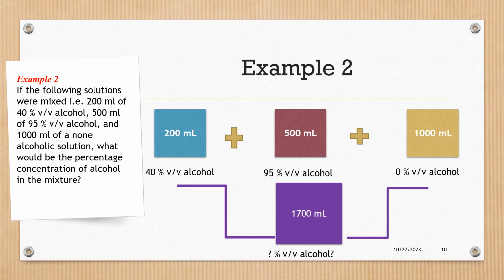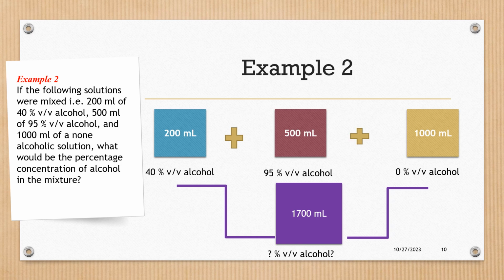For the 500 mL, that's 95%. And for the 1000 mL that was added, it says non-alcoholic solution, meaning 0% concentration of alcohol in that stock that was added to the mixture.